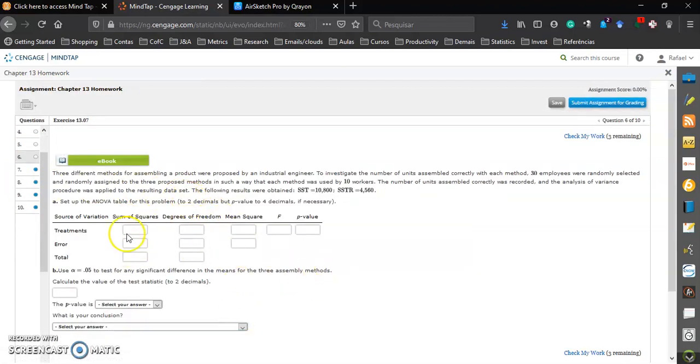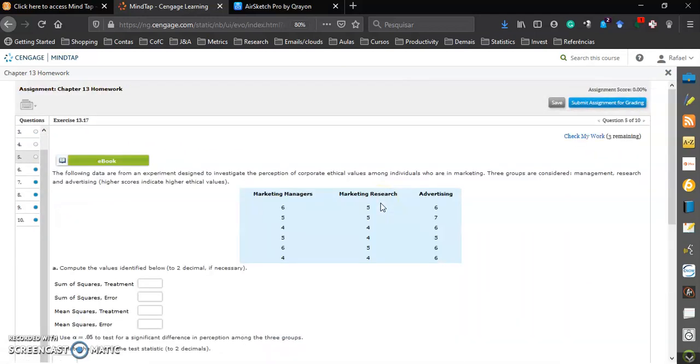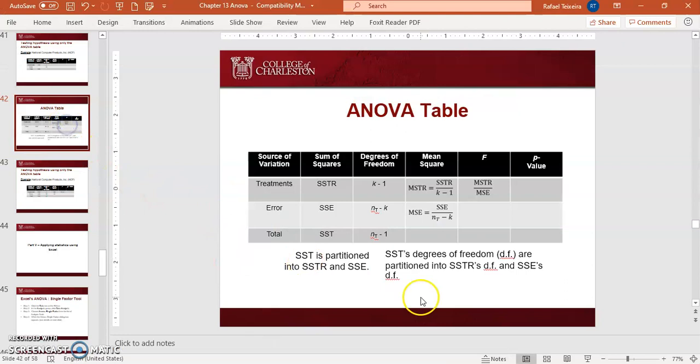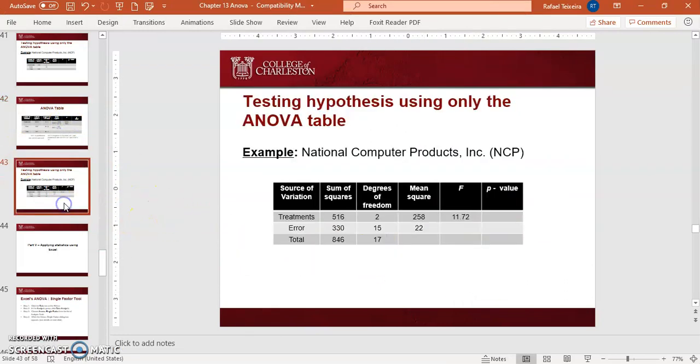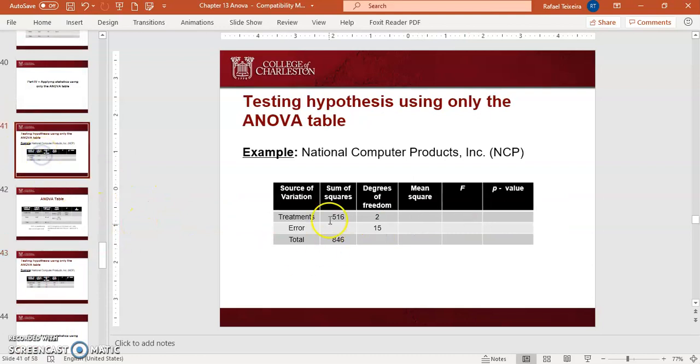Oh, you see, this one is totally empty, but you have pieces of information here that help you fill out this table. So this is what you have to practice. This is the kind of problem you're going to have. Again, use this table to help you fill it out. You have to understand how to fill out this table. I just showed you how to complete this table from scratch.